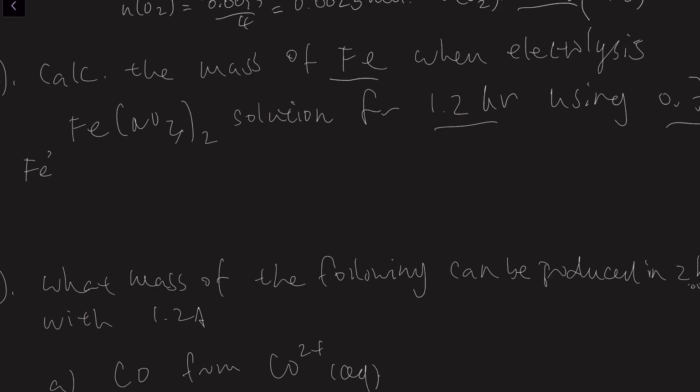So you are doing this reduction equation. So we know that the nitrate ion has a -1 charge, and we have 2 nitrate ions. So the Fe ion must have a 2 plus charge. To turn this into iron, we need 2 electrons.